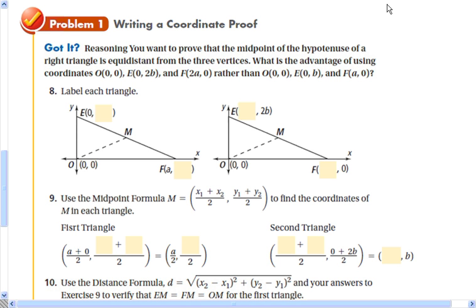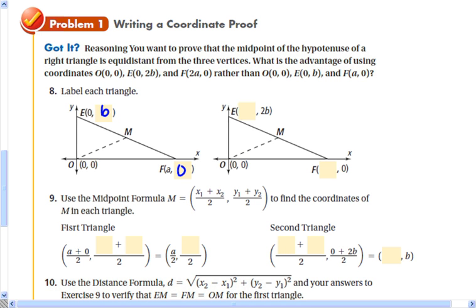What we're going to talk about here is what coordinates are best to use. And so we're going to just analyze which is a better set of coordinates here to use, (0, 0), (0, 2b), (2a, 0), or to use (0, 0), (0, b), and (a, 0), and just see what happens when we do that. So on the first one, we're going to label our coordinates with just b and a.